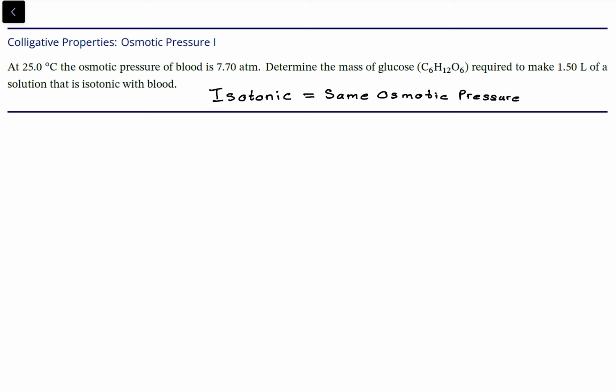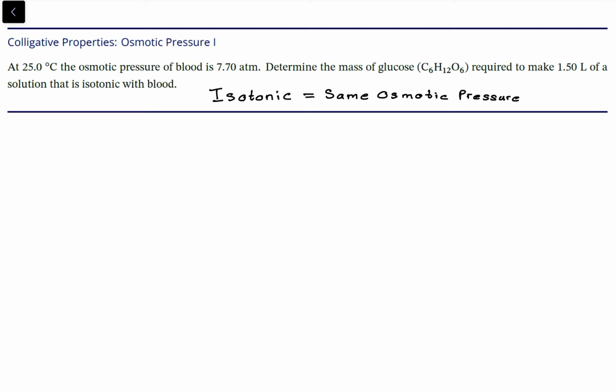Right, so to find what mass of glucose has the same osmotic pressure, we're given the temperature, the pressure, and the volume, the properties that this glucose solution needs to have.